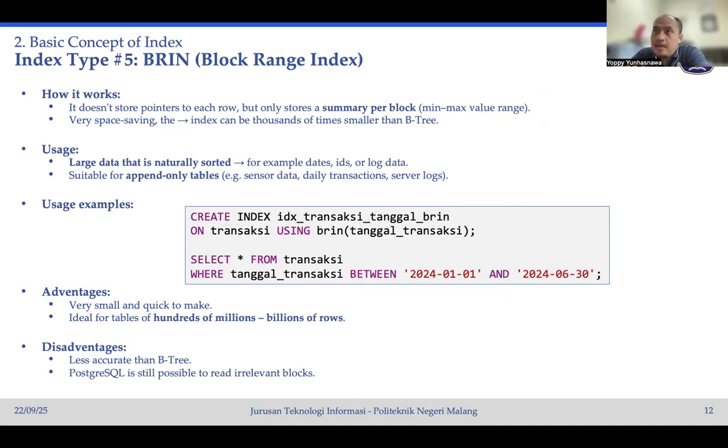For example, when we are creating an application like Google Forms, our users' input will be recorded based on the date and time when they fill in the form. So it is one example of naturally sorted data. Whenever new data is added, of course the date will be later, right?